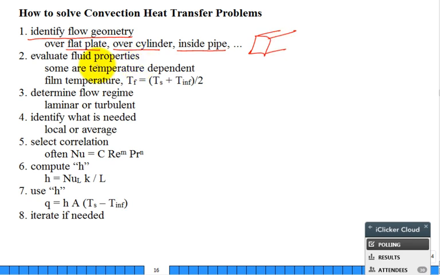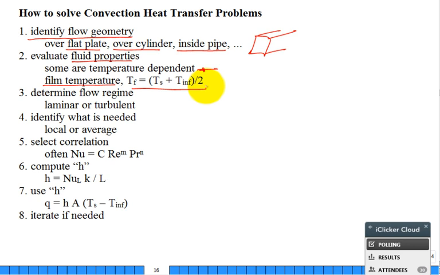Okay, next one. Evaluate your fluid properties. Are fluid properties temperature dependent? Yeah, look at air properties, water properties, things like that. Well, then what temperature do I use, Professor? Well, most correlations use a film temperature. Does the film temperature look reasonable to you? What is it? It's the average of the surface and the fluid far away, the free stream.